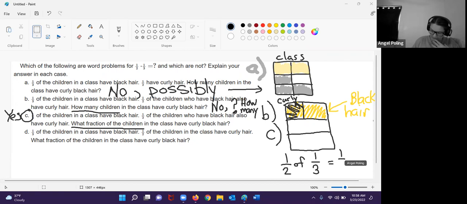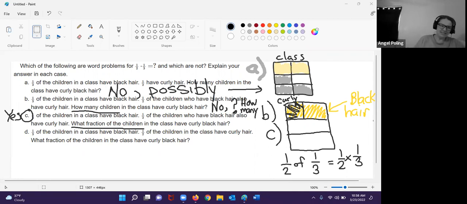This is 1/2 times 1/3. Now we have D: 1/3 of the children in the class have black hair. 1/2 of the children in the class have curly hair. What fraction of the children in the class have curly black hair?